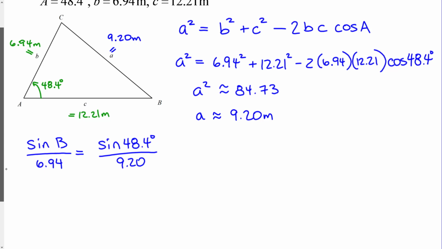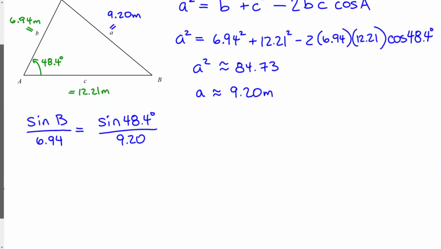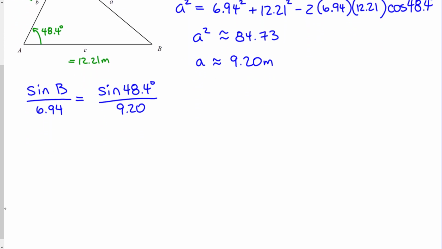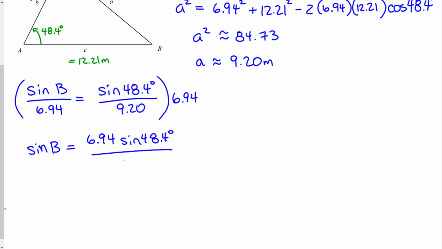All right, so solving for this, let's see what happens. I would start off multiplying both sides by the 6.94. So it cancels out on the left-hand side of the equation, and I just have the sine of B, and that's going to be 6.94 times the sine of 48.4 degrees divided by 9.20.